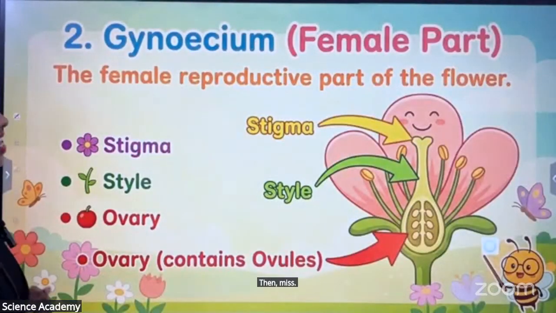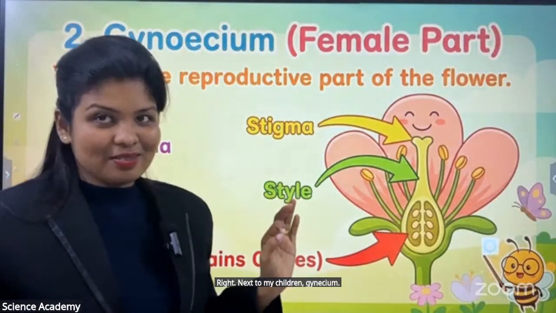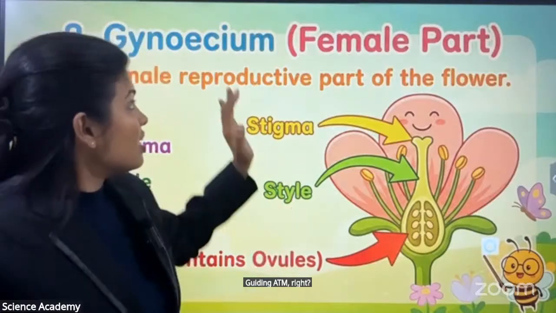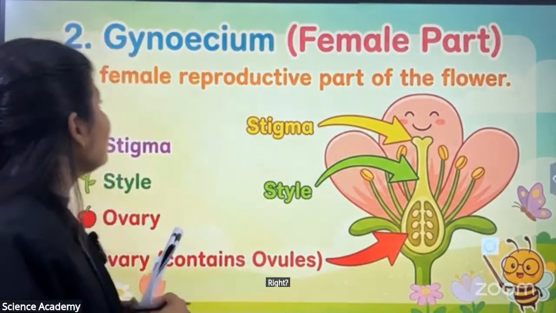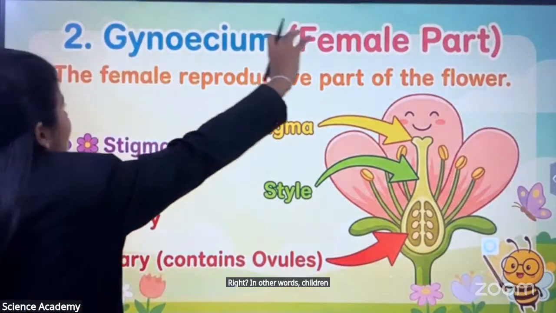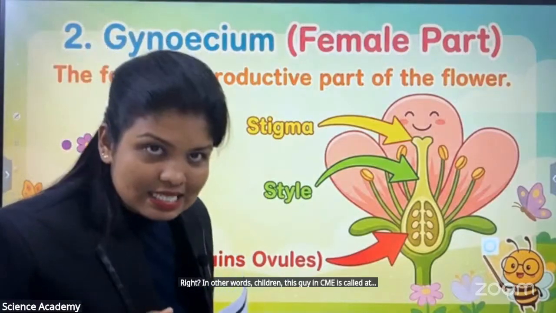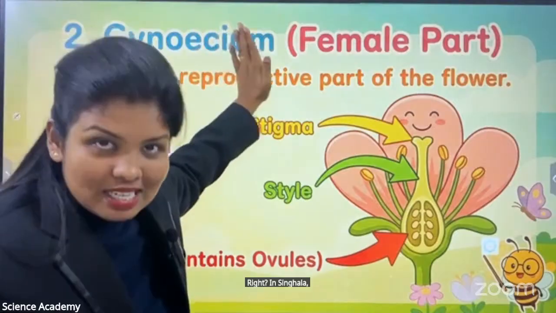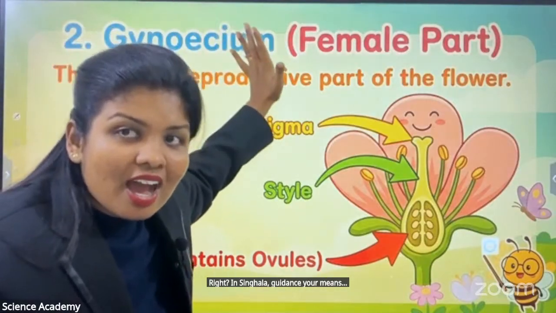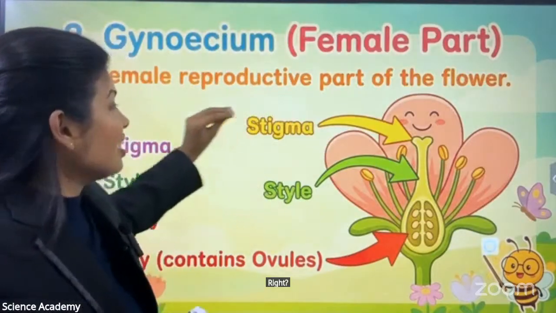Right. Next one, children. Gynecium. Gynecium. This is the female part. Another word, children. This gynecium is called pistil. In Sinhala, gynecium means jayangaya.